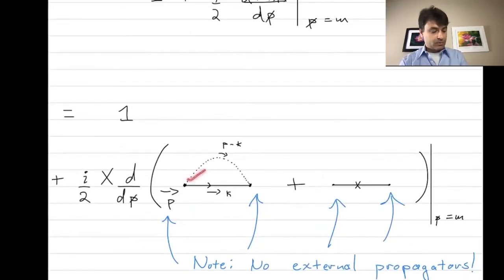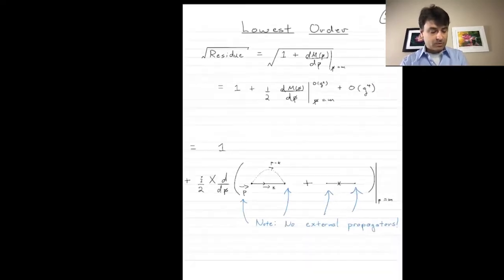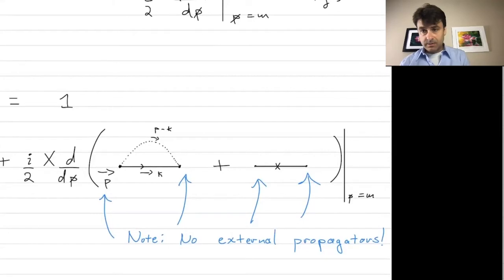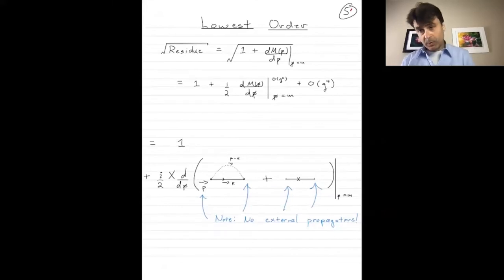Okay, and this is a loop graph that you should be able to calculate and get the 1/epsilon poles. And this is basically part of one of your homeworks. And you've got the counterterm here to remove the 1/epsilon, if you're doing minimal subtraction.